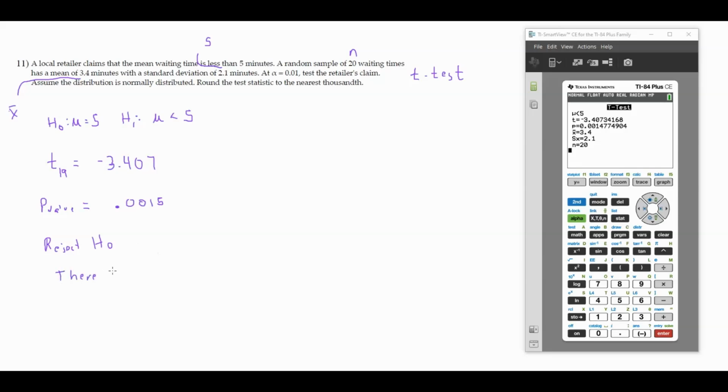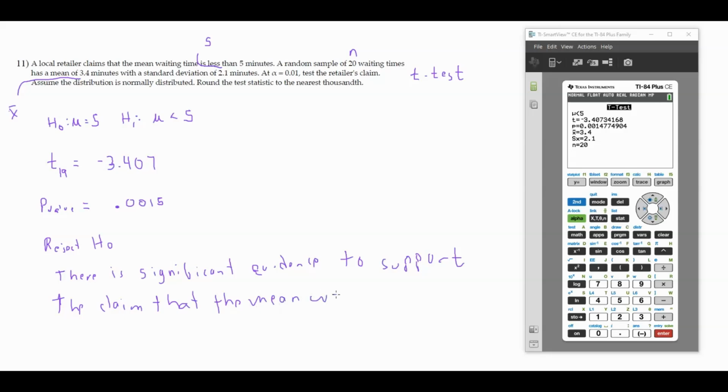There is significant evidence. Sufficient or significant. You could say either one. Sufficient evidence, significant evidence. To support the claim that the mean, what I'm writing here, I'm supporting the claim.